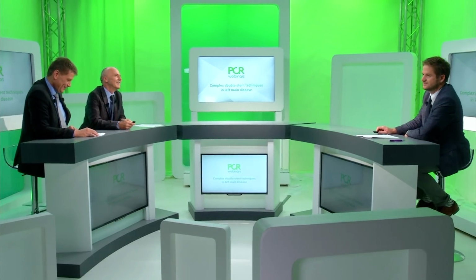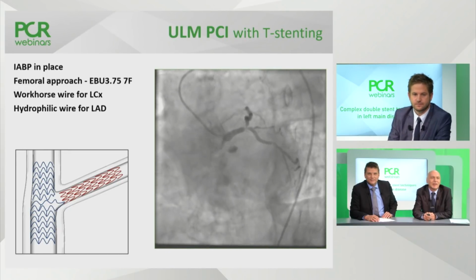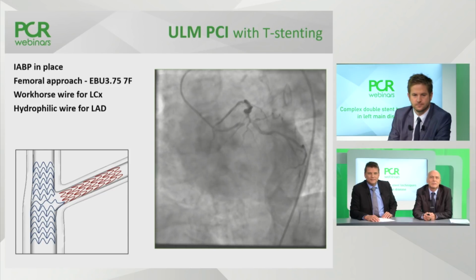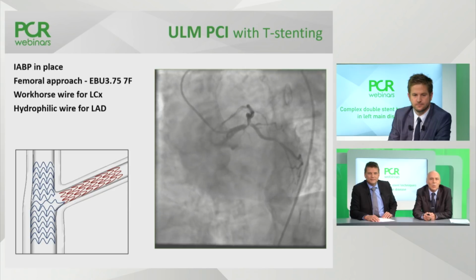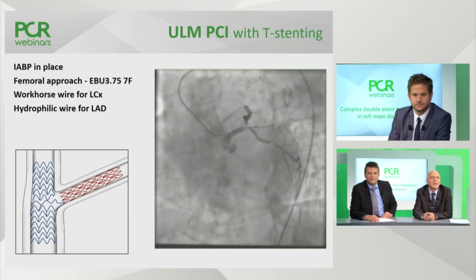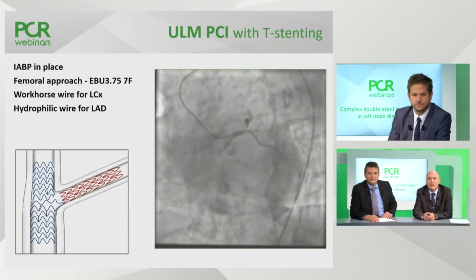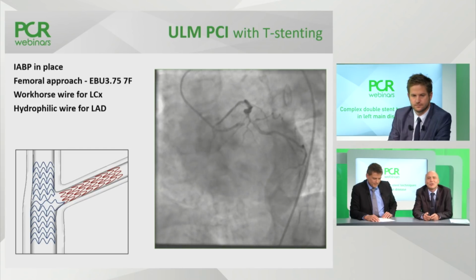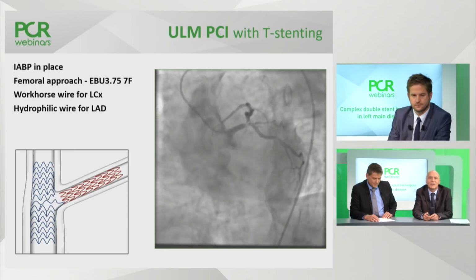Good. So, femoral approach, 7 French in this case, and I put a workhorse wire to the circumflex. That was not a problem, but I had quite a lot of problems with wiring the LAD, which comes back to the point you mentioned, that the lesion was really tight. So I had to use a hydrophilic wire for the LAD.